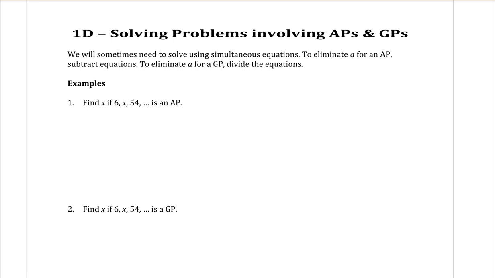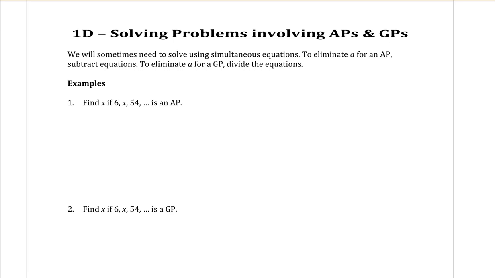Example number 1. Find X if 6, X and 54 is an AP. Now we know to find the difference in an arithmetic progression, you would subtract the second term minus the first term.